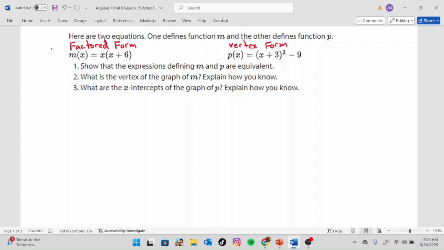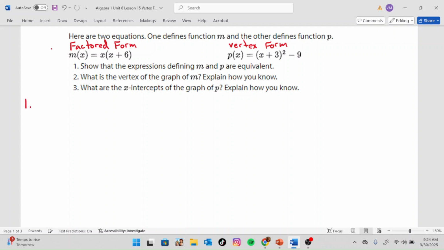The easiest way to do this is to go ahead and expand them, or do all the multiplication and addition, or subtraction in this case, and turn them both into standard form.